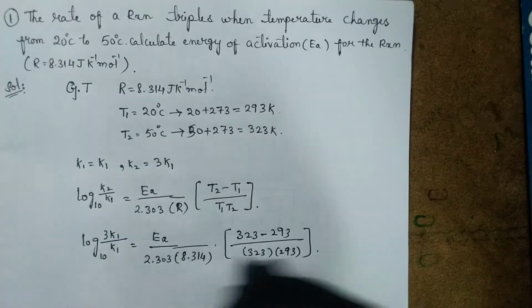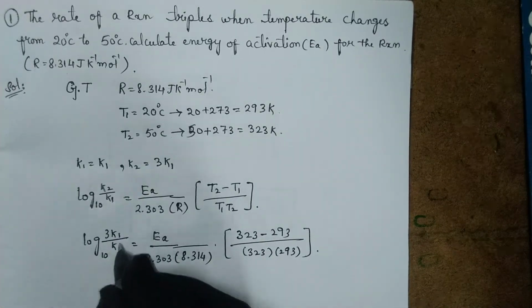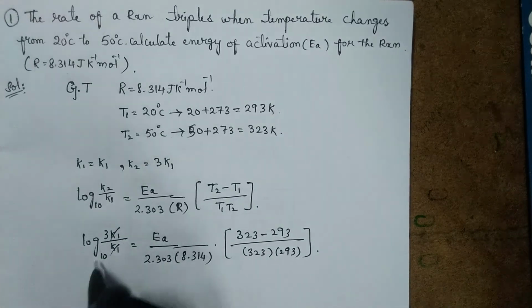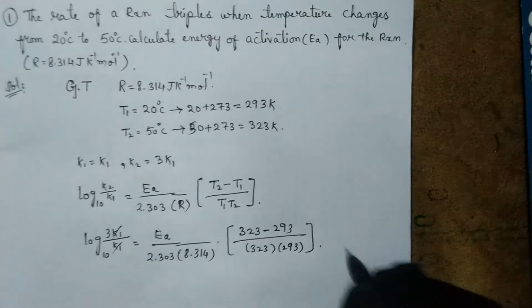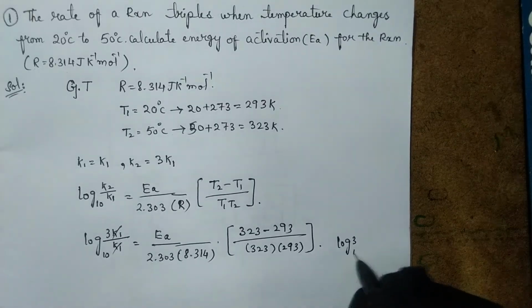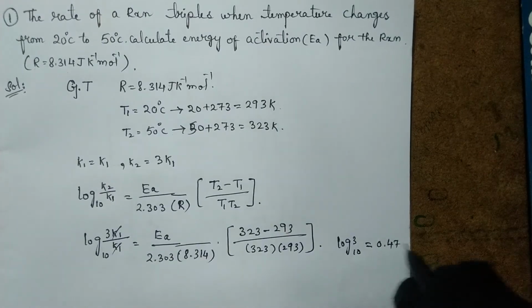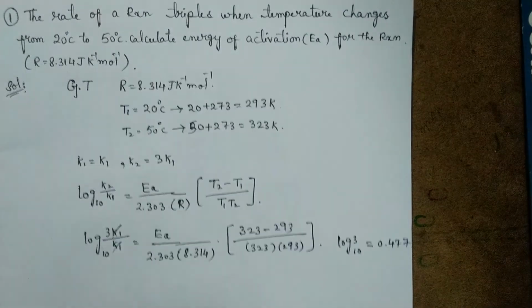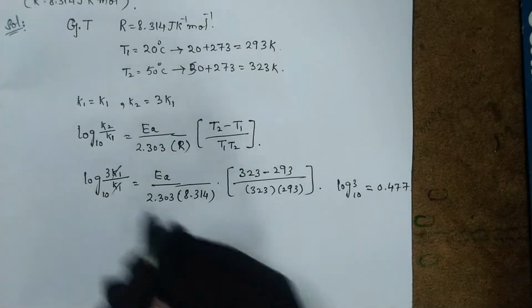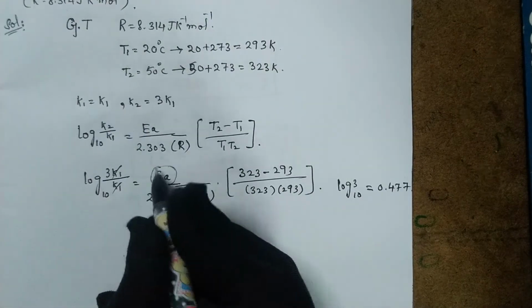Now K1 will get cancelled, and we have log 3 to the base 10, whose value is equal to 0.477. Now we have to find the value of EA.